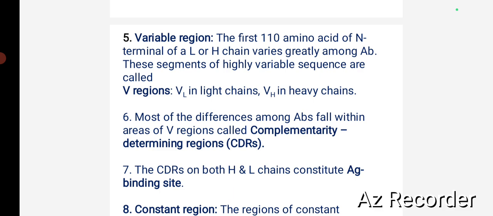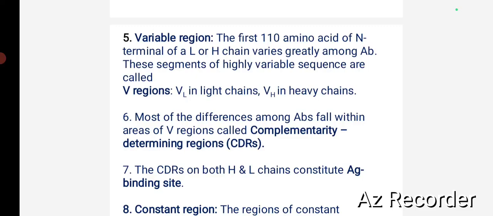These segments of highly variable sequence are called the V region. VL means light chain variable region. VH means heavy chain variable region. In this way, the topmost portion is the variable light chain and variable heavy chain.